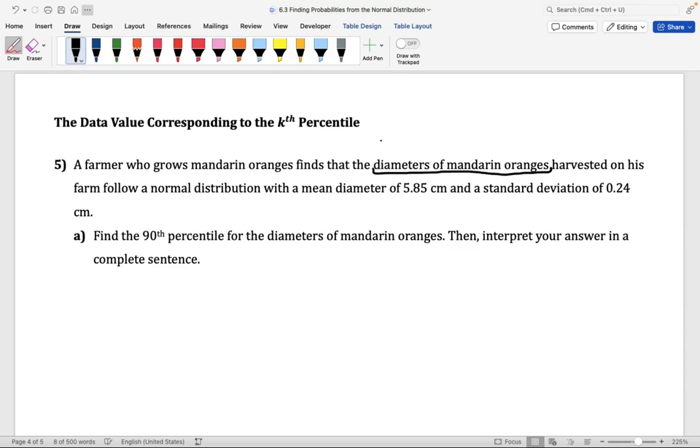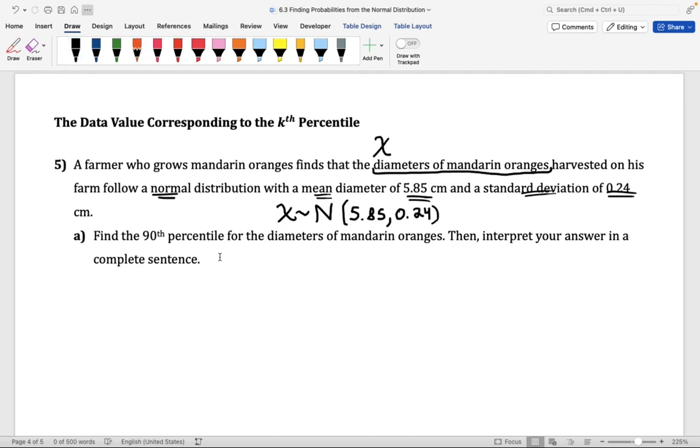We're going to call this distribution X. We know this distribution follows a normal distribution. We have the mean and we have the standard deviation. Let's go ahead and write X follows a normal distribution with mean equal to 5.85 and a standard deviation equal to 0.24. Now, let's go ahead and consider part A.